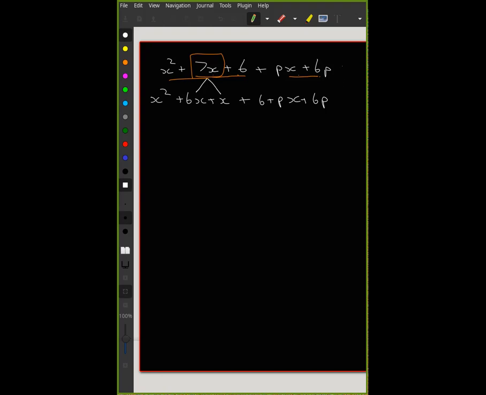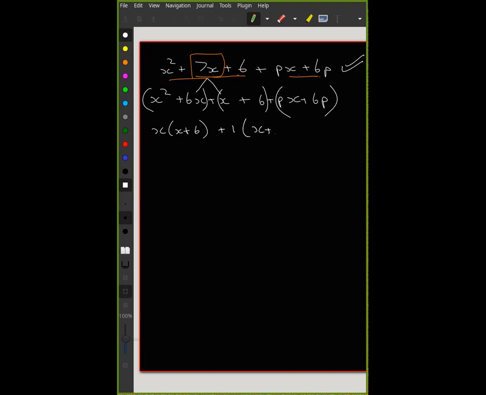That is why I asked you to look at the question carefully, right? So now we can group because there are 6 terms. Tell me quickly now, Ananya. So x bracket x plus 6, plus 1 into x plus 6.